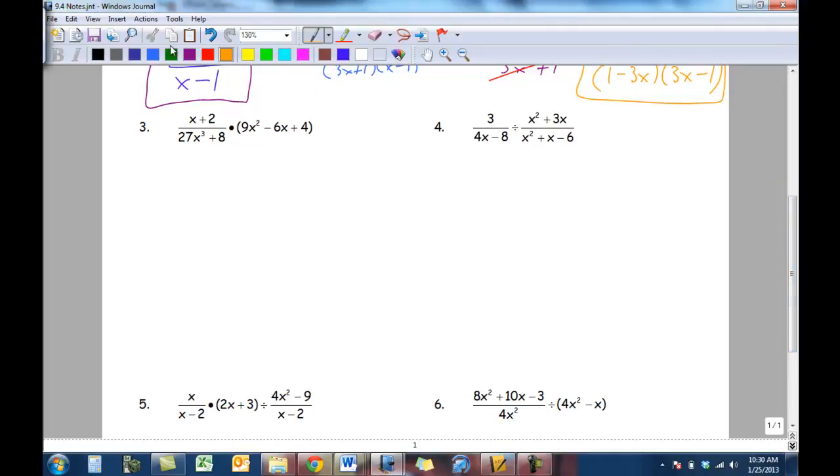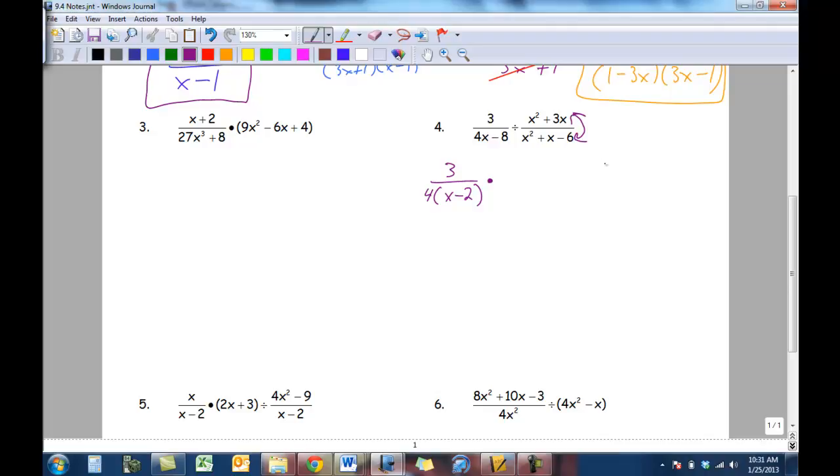Now here's the thing. Step 1, you're always going to factor. So the top here, 3 is just 3. But 4x minus 8, GCF, what can come out? A 4, and we're left with x minus 2. Now, instead of divide, I don't like division. I'm going to change that to multiply, and then you multiply by the reciprocal of the second one.